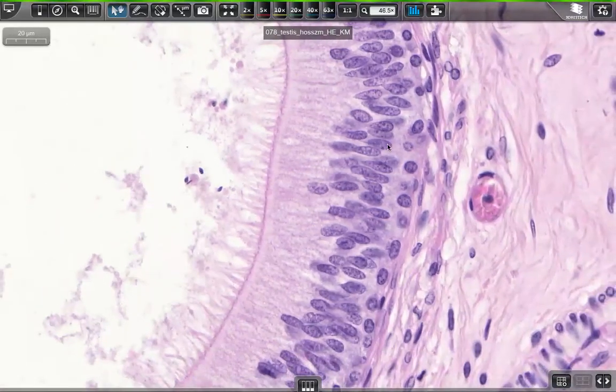Then looking at the lining epithelium, in the epididymis we can find a pseudostratified columnar epithelium having stereocilia. So these long apical processes are stereocilia.